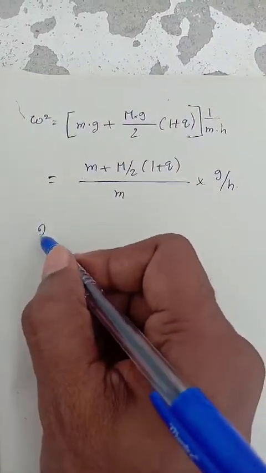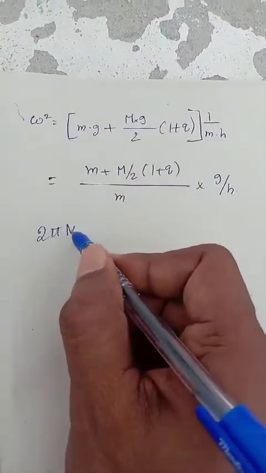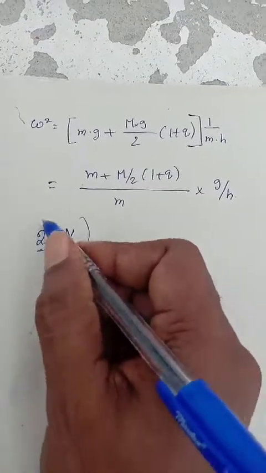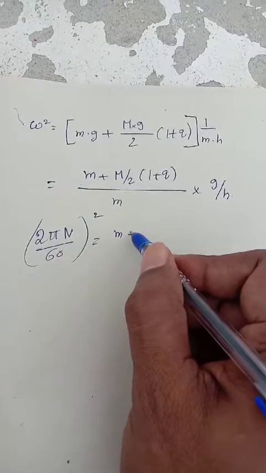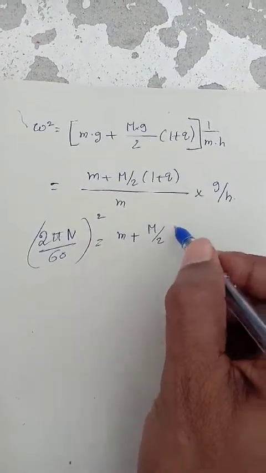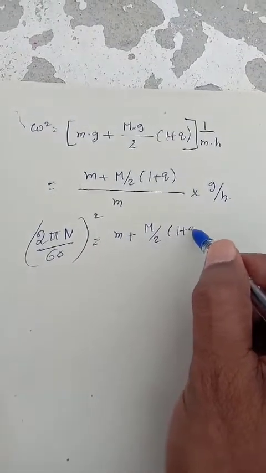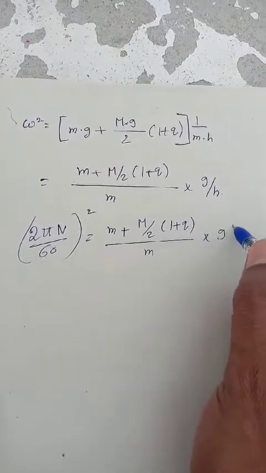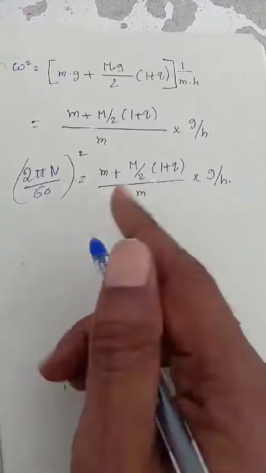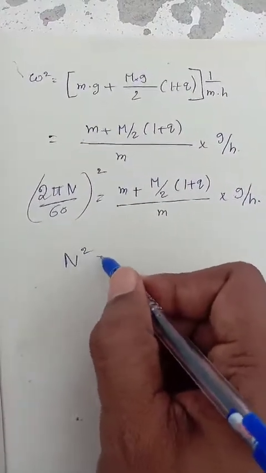So then 2 pi n divided by 60 whole square, that is equal to m plus m by 2 1 plus q divided by m into g by h. Now here we need to find n.